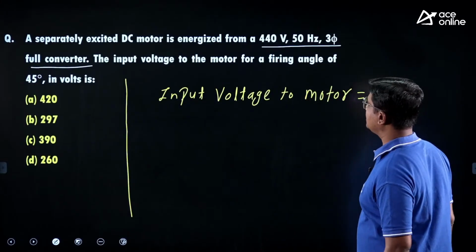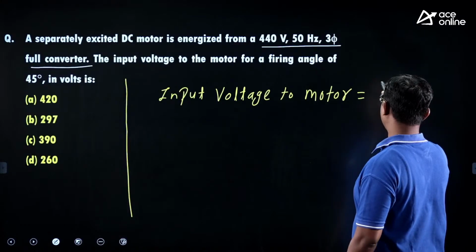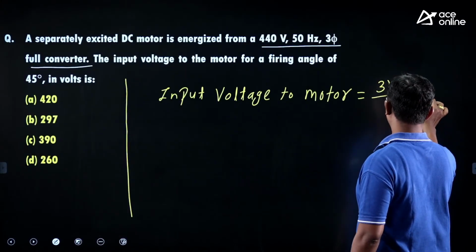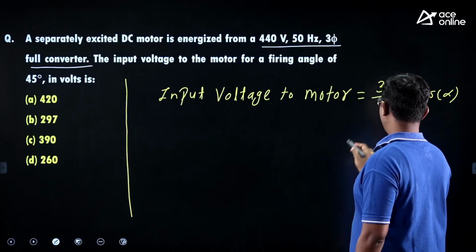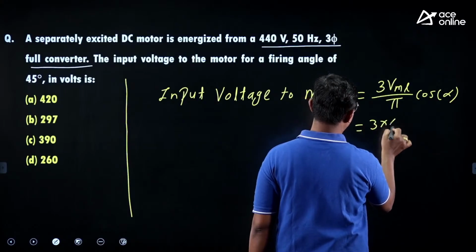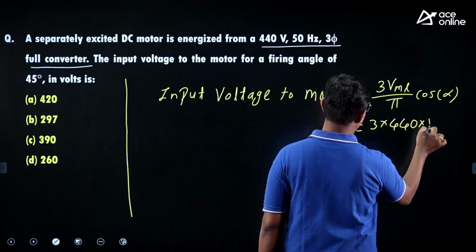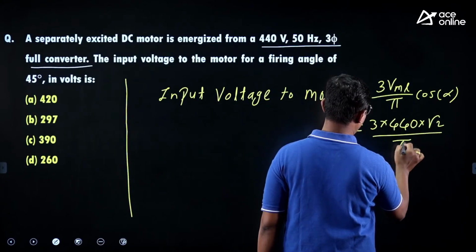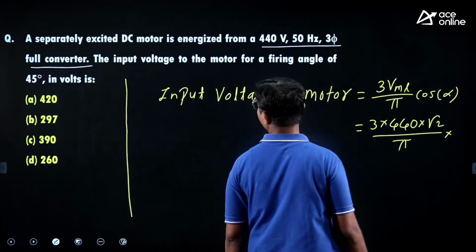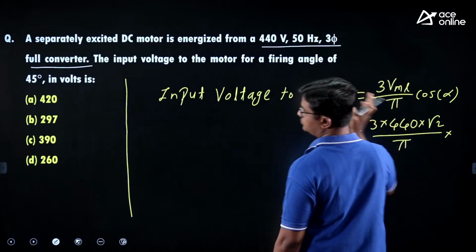Here we are having the 3-phase full converter. So expression is 3 VML upon pi into cos alpha. VML means peak value of line voltage. So it is 3 into 440 into root 2 upon pi into cos alpha. Alpha is 45 degree.